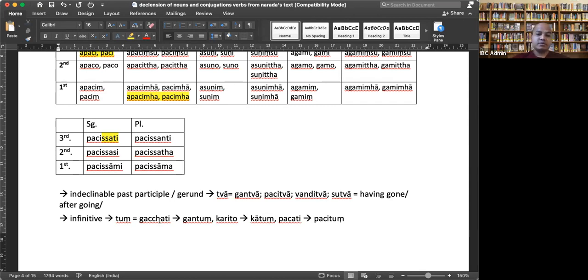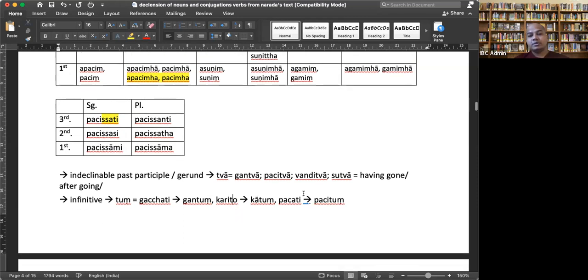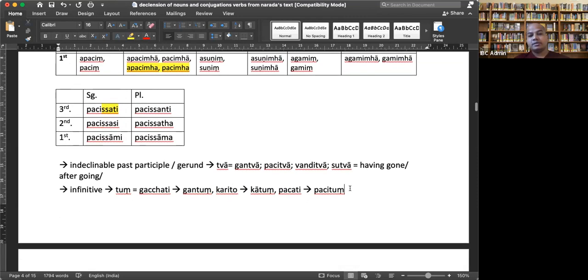So if you say, I wish to go, I wish to cook, I wish to do. This way, this is the suffix, this is the ending. By looking at which you can know that this is an infinitive mode of word. Okay, to do.